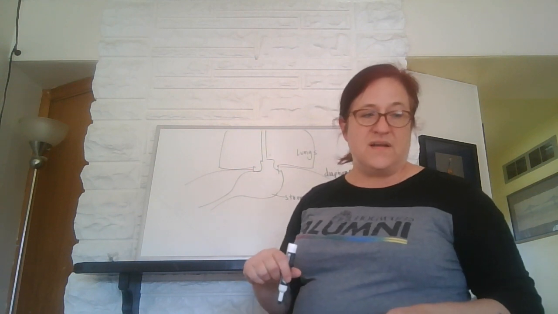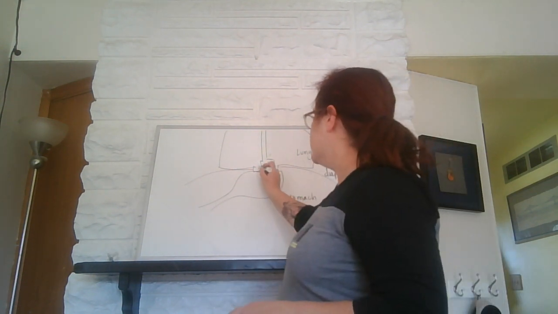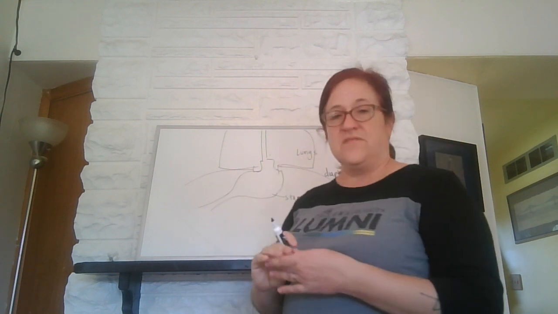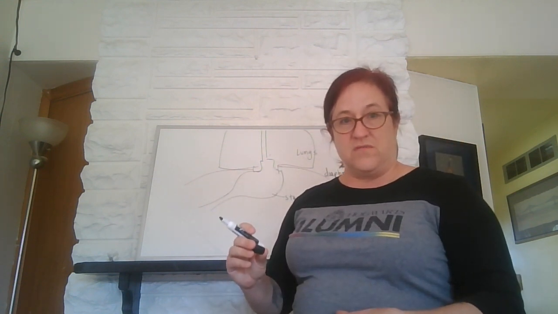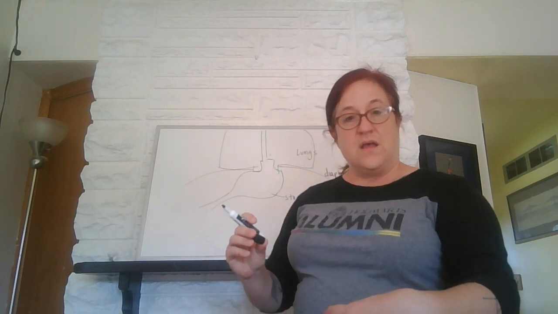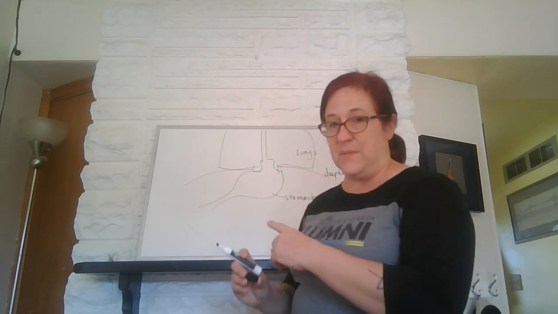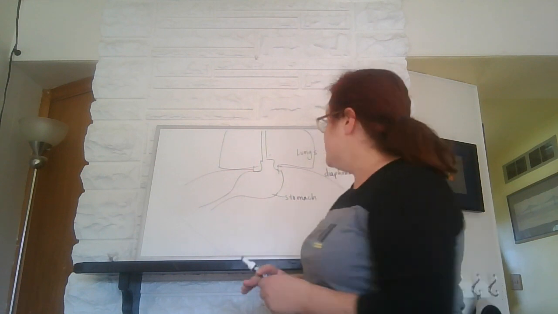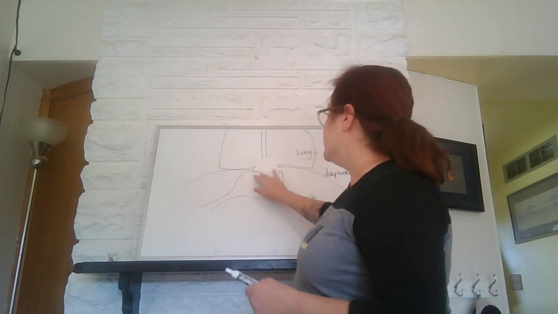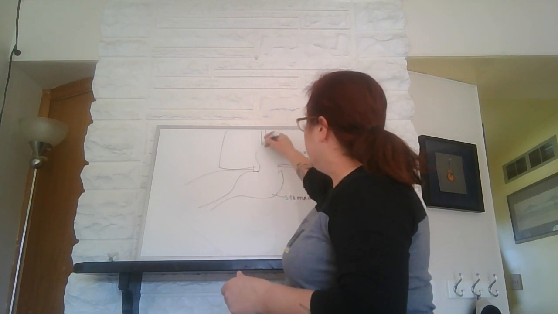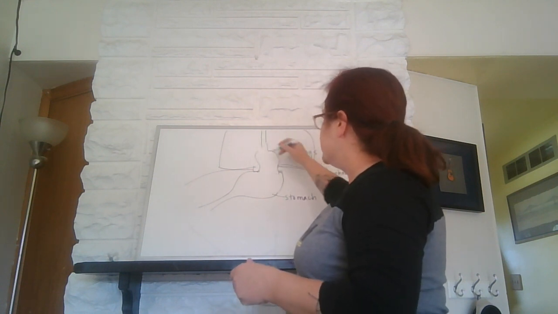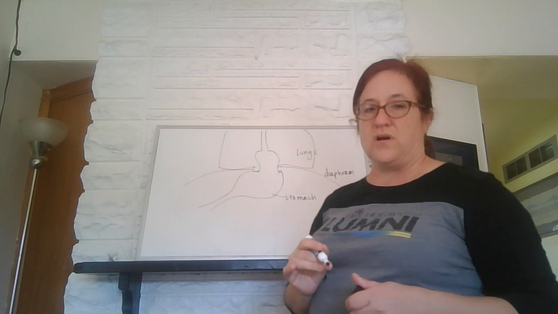A paraesophageal hernia means that there's an opening here. Just like if there was a hernia on the abdominal wall that you get a bulge, and over time that bulge can get bigger, the same thing can happen with a paraesophageal hernia. More and more of the stomach can come up and it's sort of stuck there. So it's much more uncomfortable.